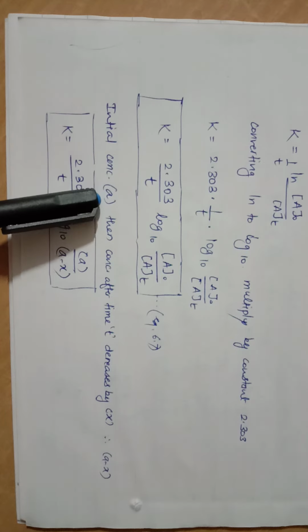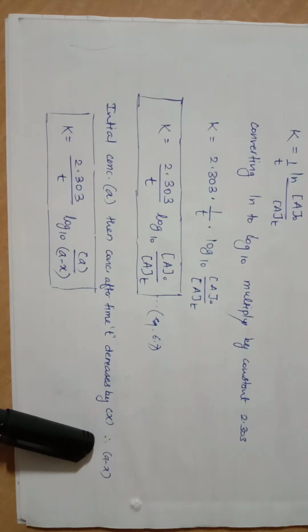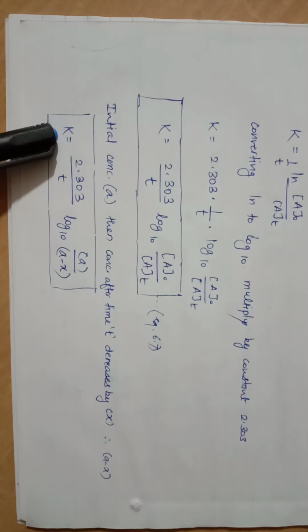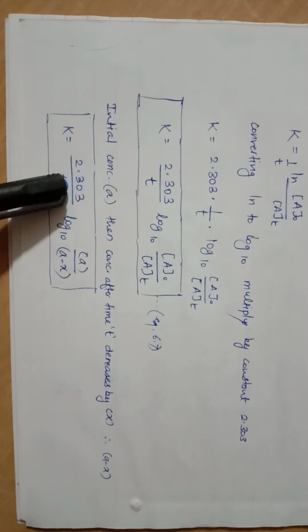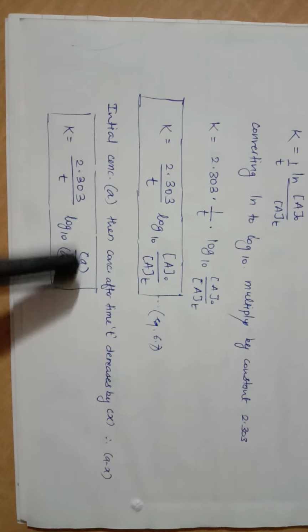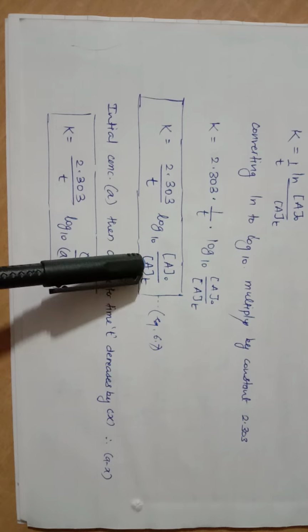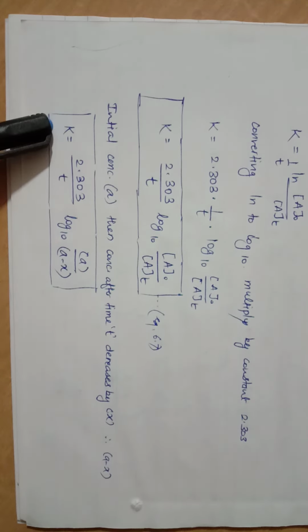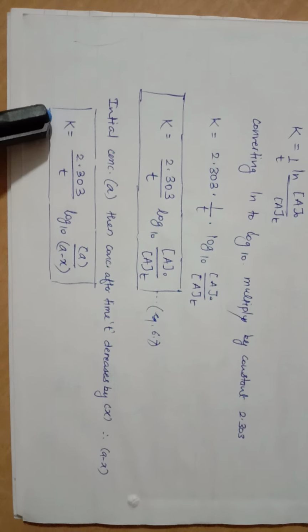So the initial concentration was a, and after time t it will be a minus x. So you can write this equation: k is equal to 2.303 upon t as it is, log to the base 10 as it is. Now A_0 is the initial concentration, means a, and A_t means it is a minus x. So this equation is for when the reaction condition is liquid medium, right?